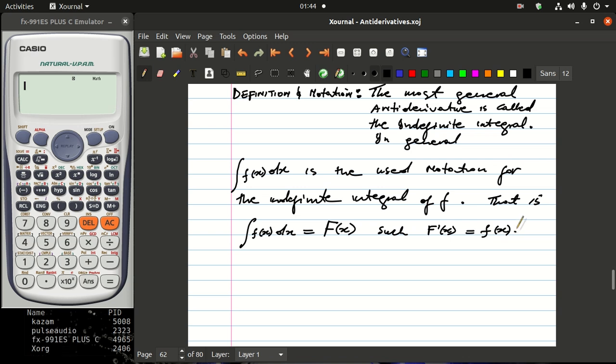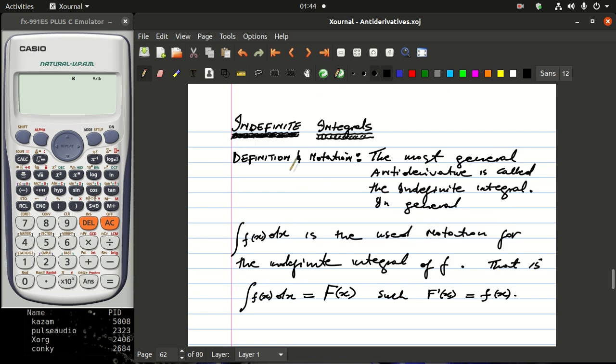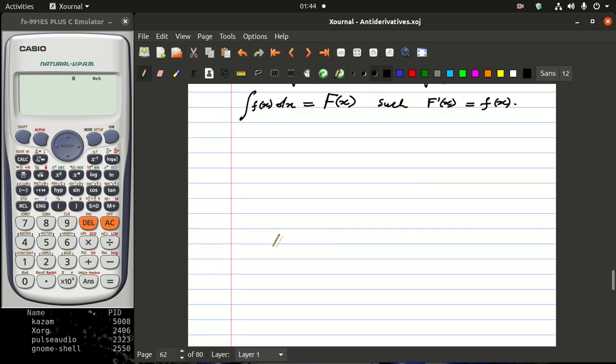That is the simplest at its best. Indefinite integral simply means the most general antiderivative of a given function, and it is denoted by this. So when you are seeing this indefinite integral, you must know that I want you to find the most general antiderivative.